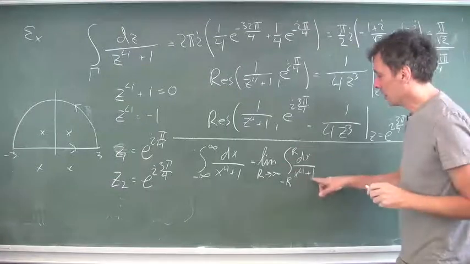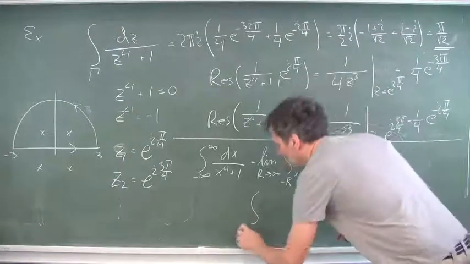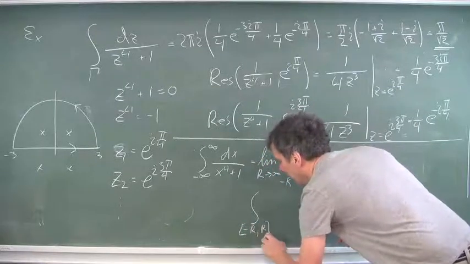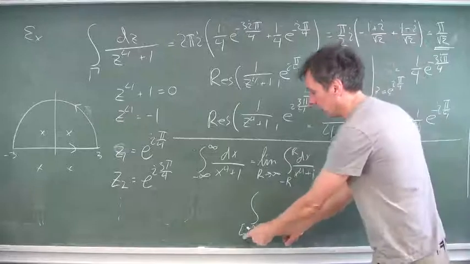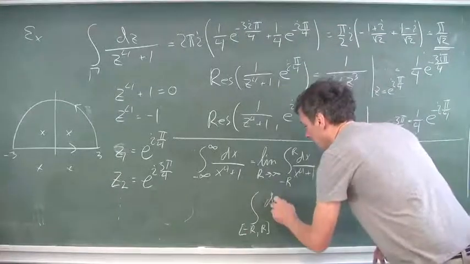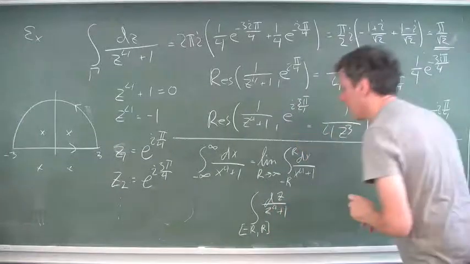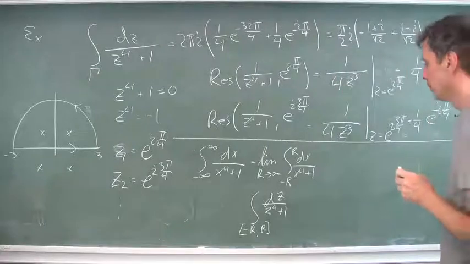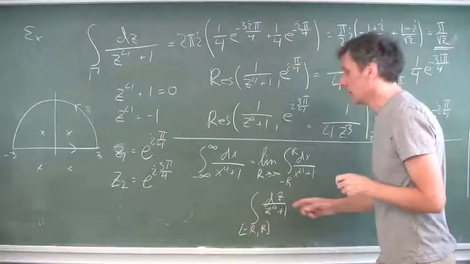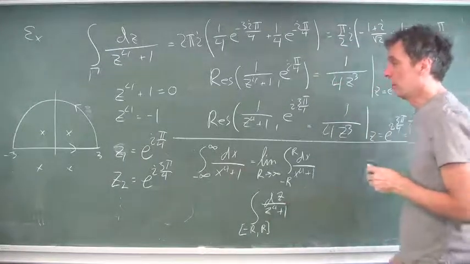And this integral here can be interpreted as the complex integral over the complex contour, which in this case is just an interval on the real axis. And then you have dz divided by z to the fourth plus 1 up here. And so it's actually the limit of this kind of contour integral that we want to compute.